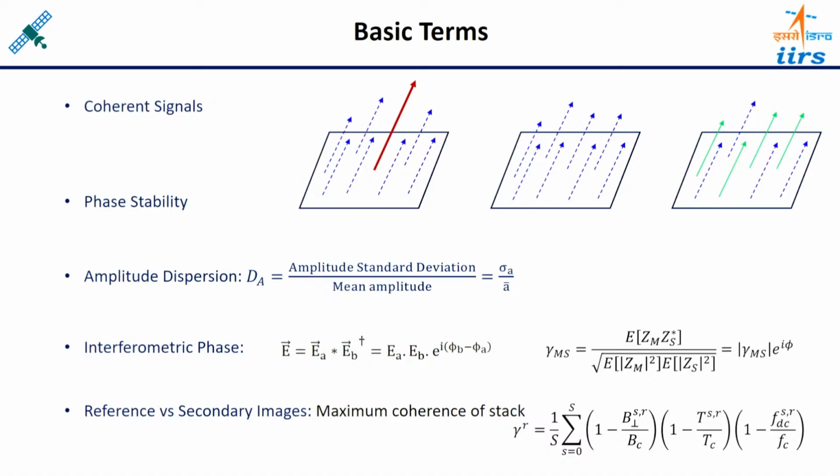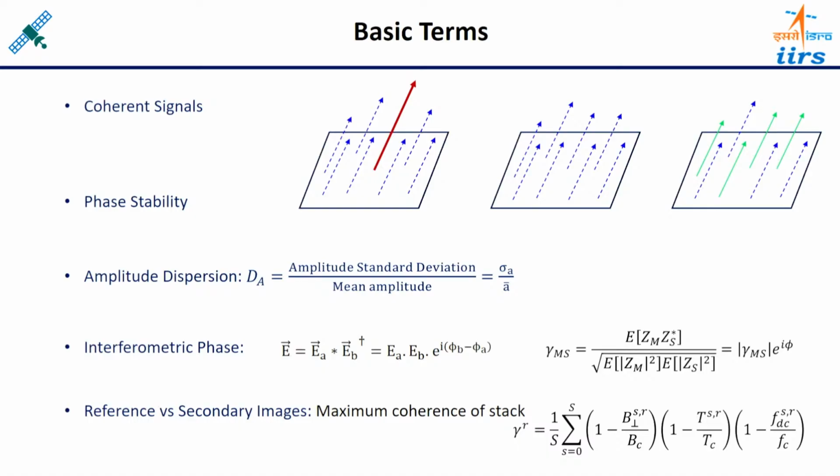Out of 3 you have to choose one image as a reference, and the remaining 2 images will be secondary images. Then you have to make the pairs. Suppose the first image is the reference image, then the second and third will be the secondary images. So you will form the pairs between first and second and first and third, because the reference image will be common. So you will see the coherence between first and second and first and third.